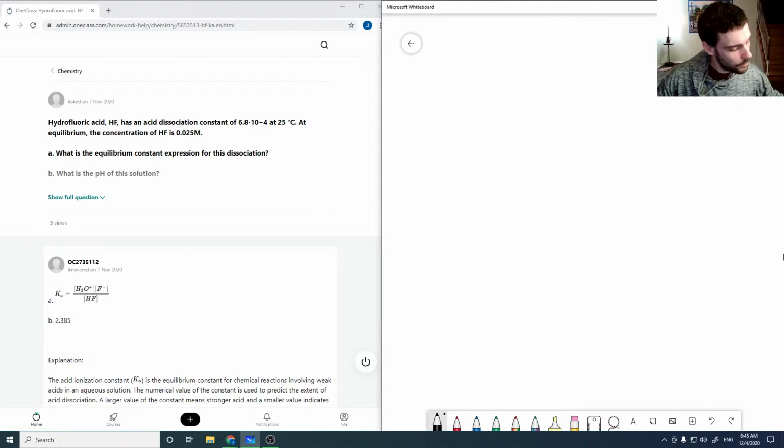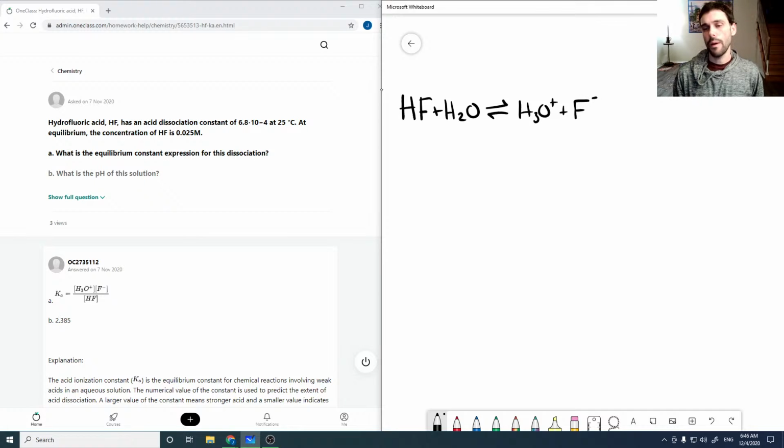Okay, so we've got hydrofluoric acid, which has an acid dissociation constant of 6 times 10 to the minus 4, and at equilibrium the concentration is 0.025 molar. Okay, so our balanced chemical equation is going to look like this.